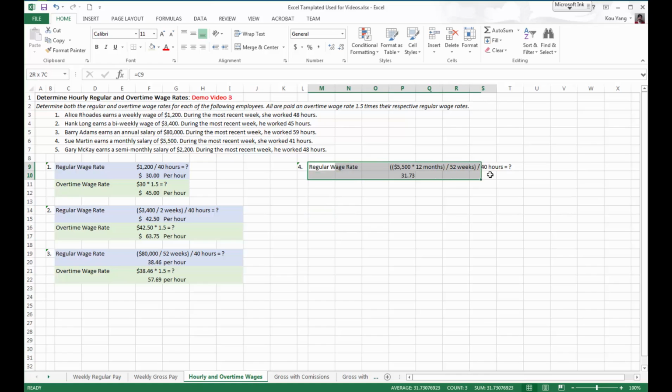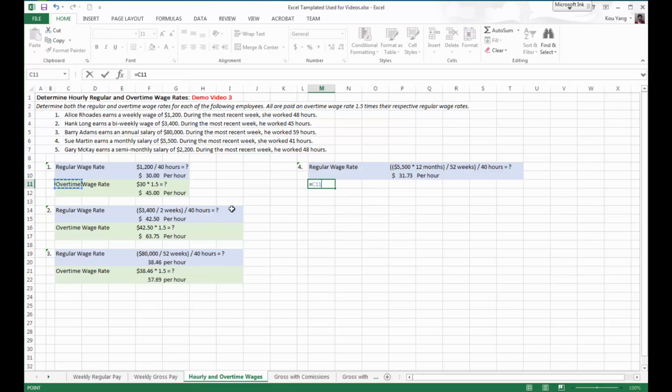There we go. So the regular rate for Sue would be $31.73 per hour, earning $5,500 per month.